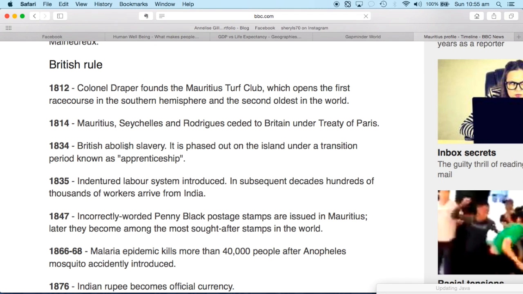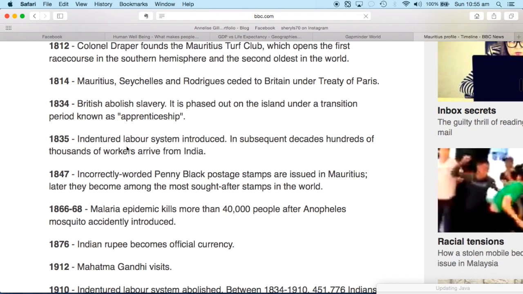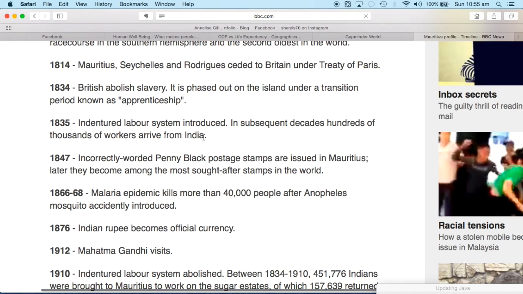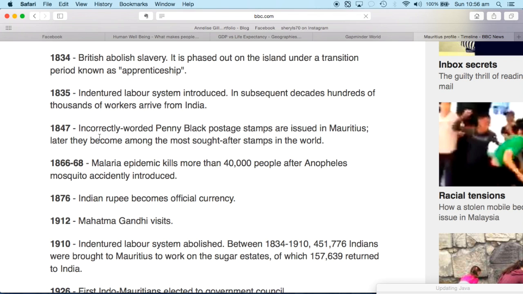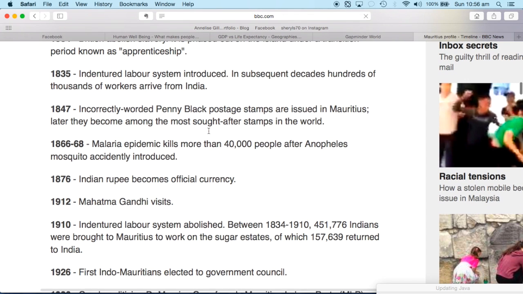So we have in 1834 the abolishment of slavery. So would that affect how long people live? We have workers arriving from India in 1835. So we would have a larger population. So I'm going to write that down. Okay, stamps probably aren't that relevant.